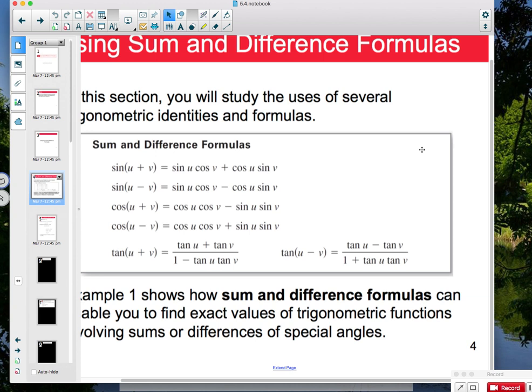For sine of the sum, you do sine cosine plus cosine sine. For the difference, you start with sine cosine of uv, and then you subtract cosine sine. For the sum of the cosines, you start with cosines and then you subtract sines. And reversely, for the difference of the cosines, you start with the cosines and you add the sines.